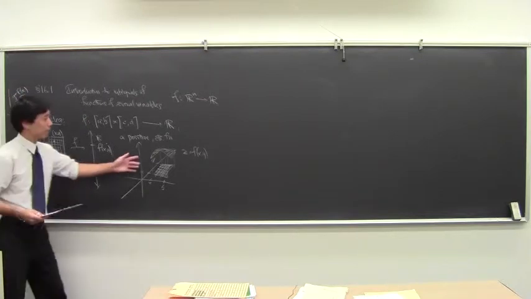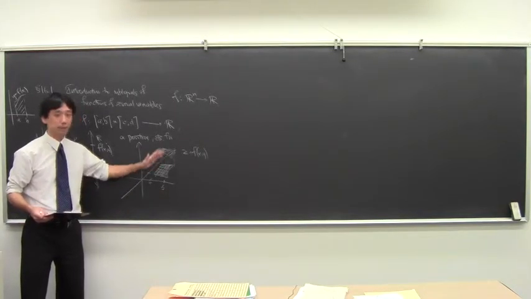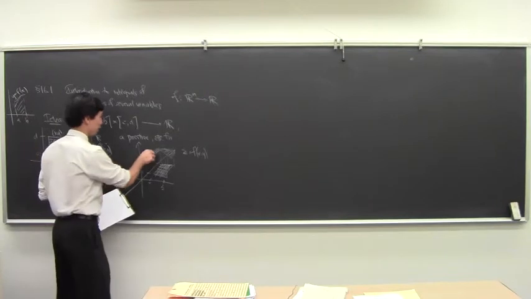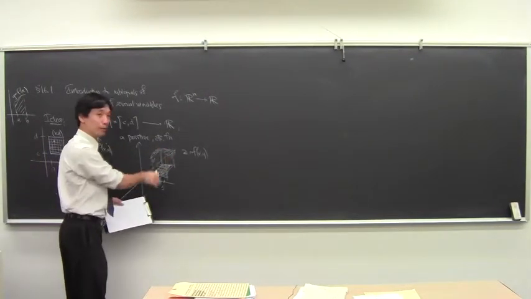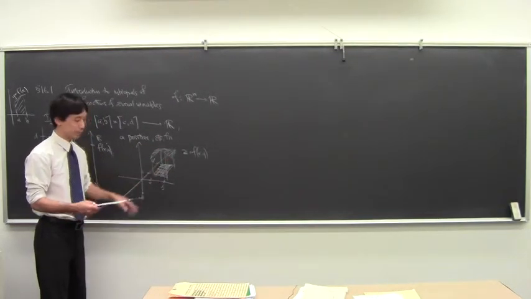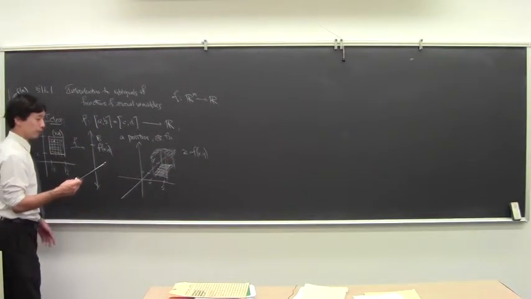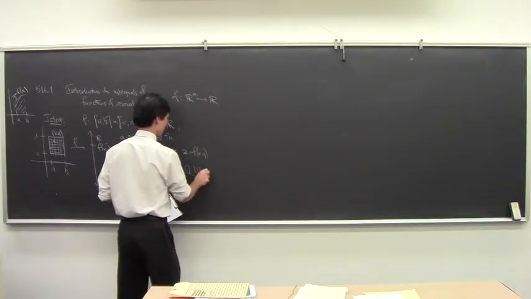Here we've got z equals f of x, y, and you're wondering about the volume of the solid underneath the surface. You make a solid by taking this surface as the roof of your house, and then looking at that solid block with that roof, and you're wondering what the volume of the solid is.